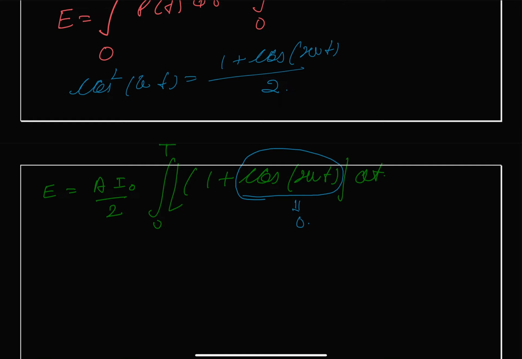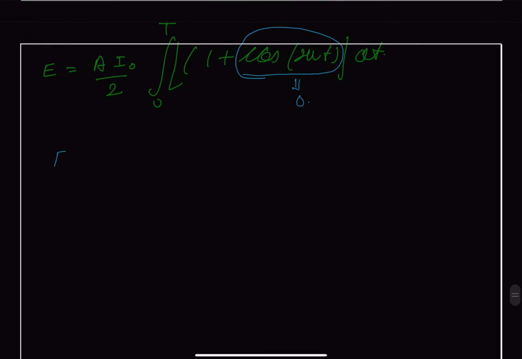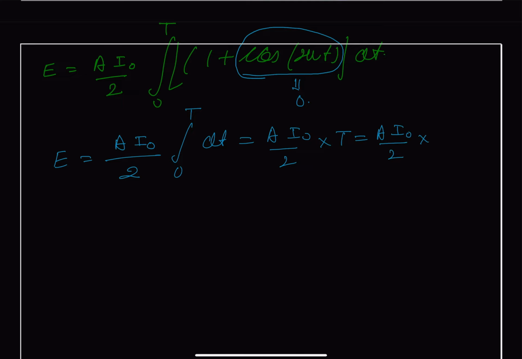So we can just directly write it as our E will be equal to a I naught divided by 2, and this comes as integral of 0 to T, and this is dt, which is a I naught divided by 2 multiplied by capital T. And capital T we can just replace with respect to omega. So we get this as a I naught divided by 2, and this comes as 2 pi by omega, and here 2 and 2 go away, and we can just substitute the values.